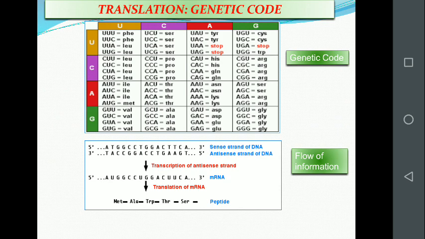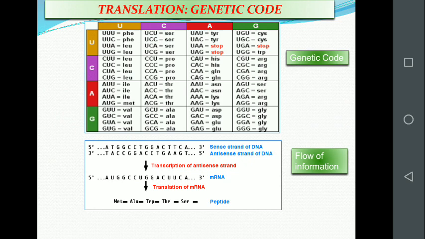So this is the relationship. What codon is coding for which amino acid, that relation is called genetic code. Suppose UUU codes for phenylalanine, that is the genetic code. So here all 20 different amino acids are coded by 61 codons. That relation between the codons and their corresponding amino acids is called the genetic code.